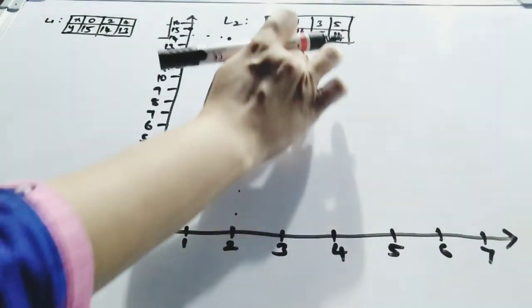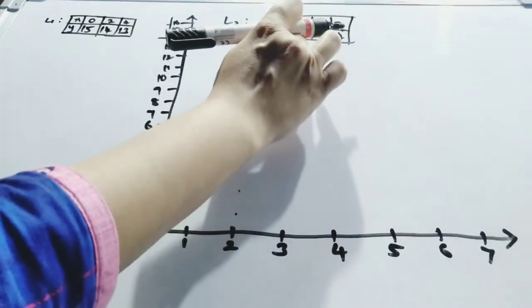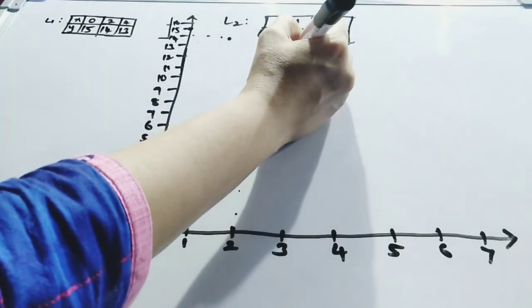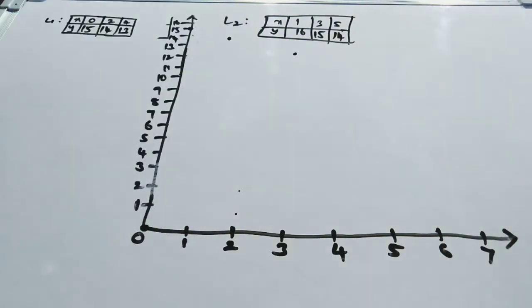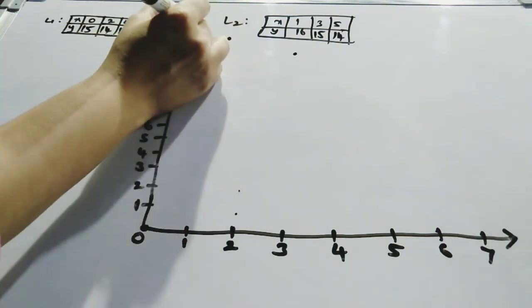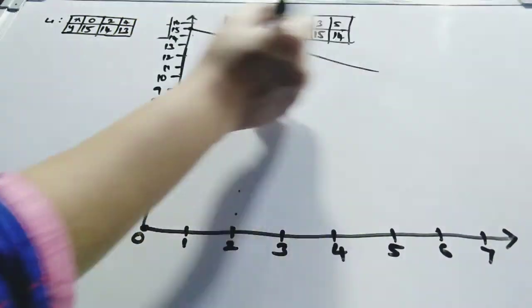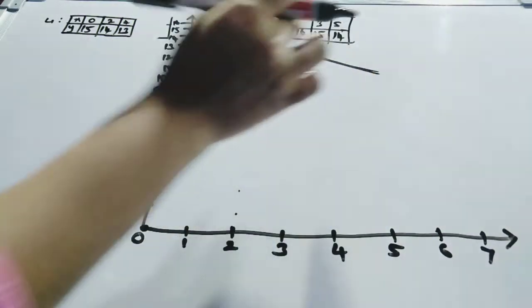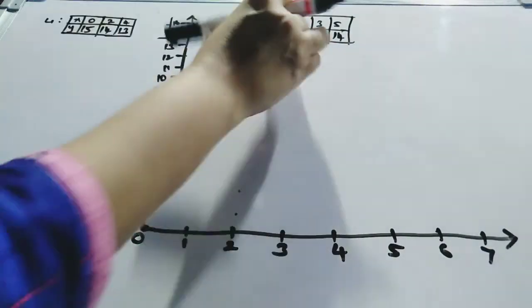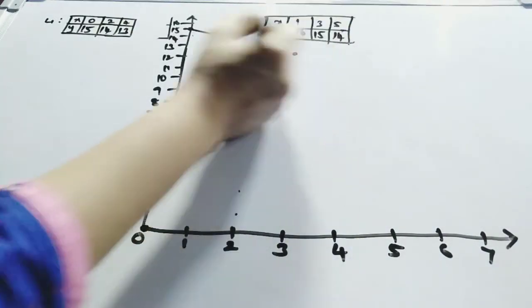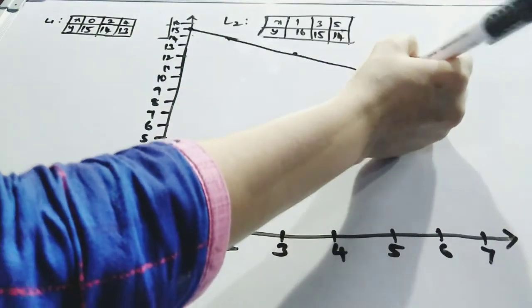Just go to 4, 13. If you are using graph paper, you will get a perfect graph of the points. Now join the L1 dots. Just join it. This is your L1.